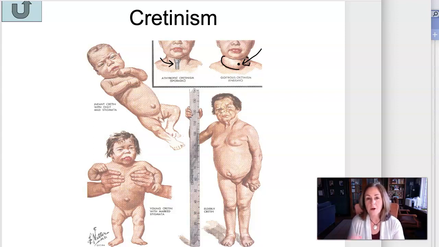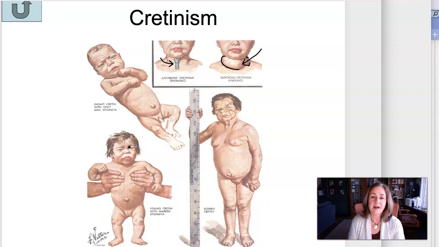So T3 and T4 must be produced by the offspring. If the offspring doesn't have iodine, it can't make T3 and T4, and T3 and T4 are very crucial during development, as you can see in these pictures.